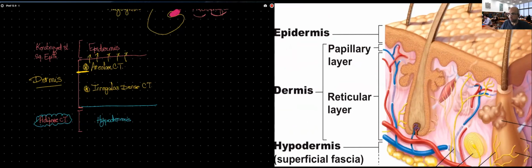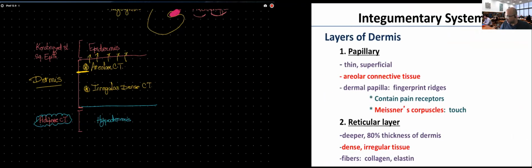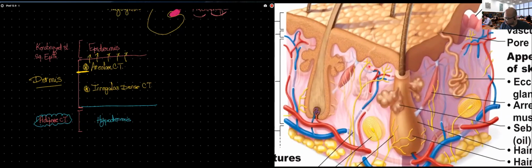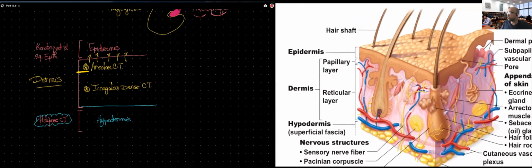Those elevations are called my dermal papillae. Dermal papillae are formed because of the distribution of the nerve endings, as you see on here, and blood vessels. And those are responsible for the appearance of the fingerprints. So those are reflected to the outside on the epidermis to give you those ridges of your fingerprints.